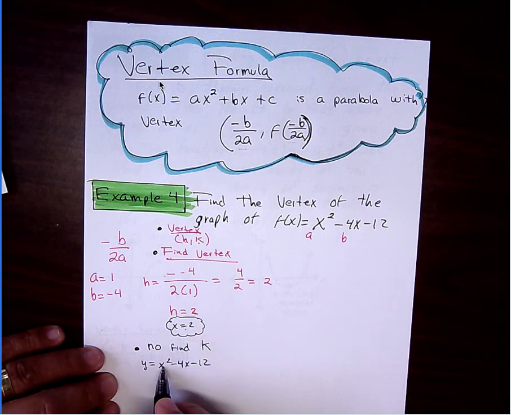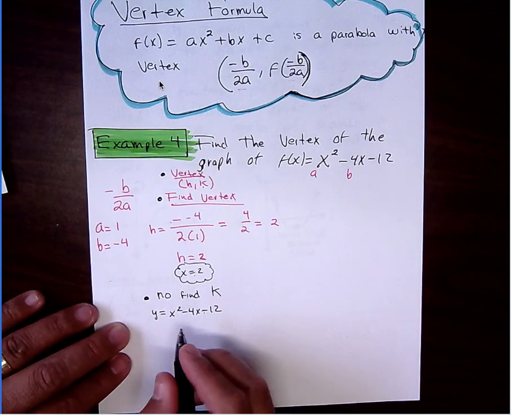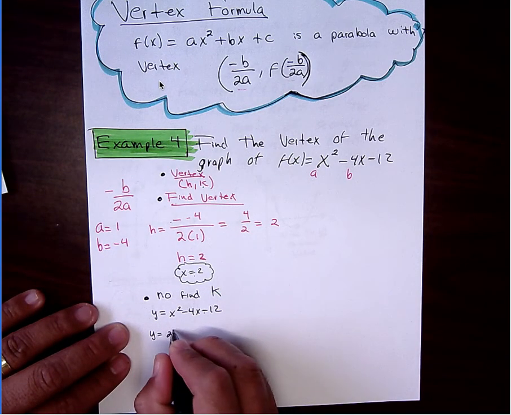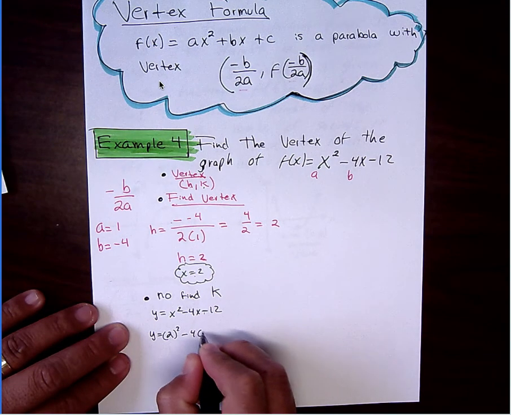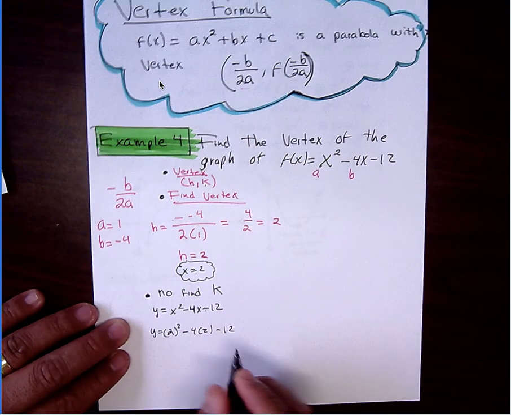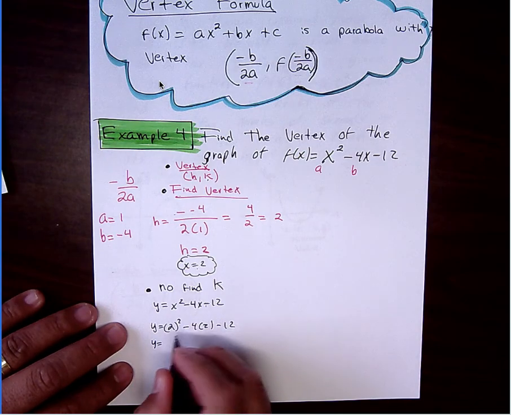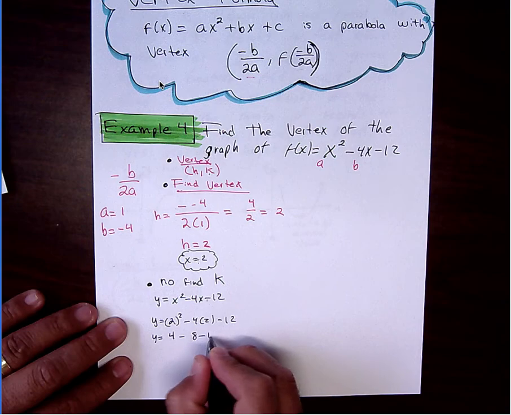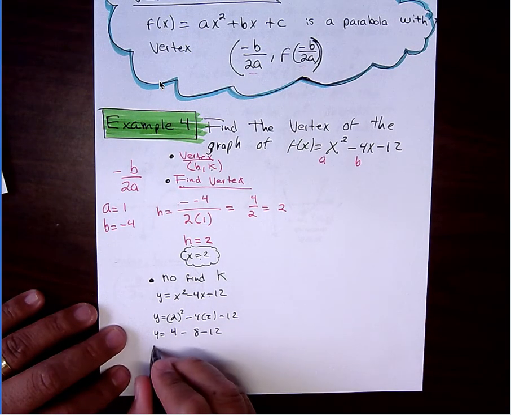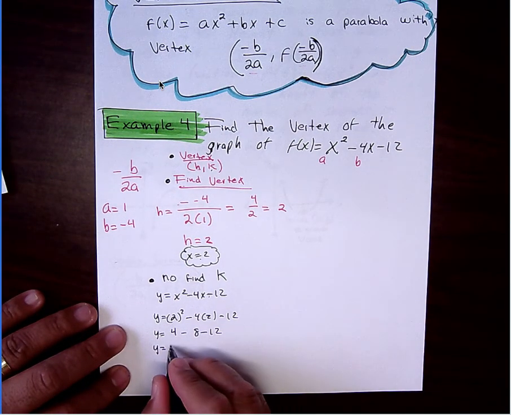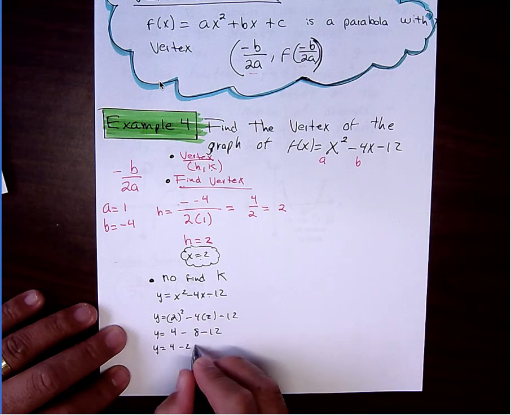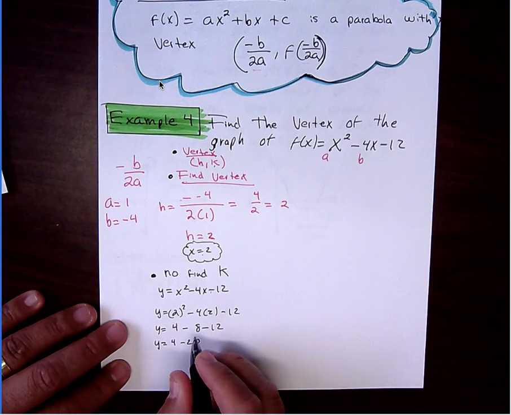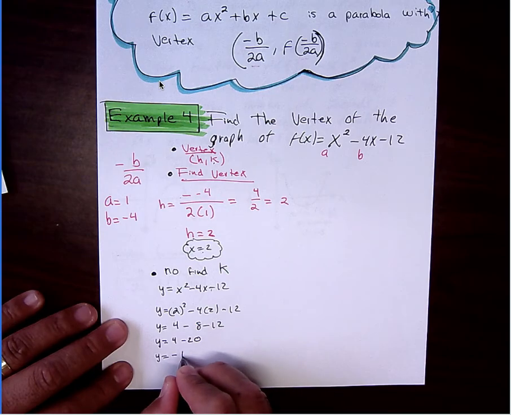So instead of x, I'm going to put a 2. 2 squared minus 4 times 2 minus 12. So 2 squared would be 4, minus 8, minus 12. So this is 4, this would be minus 20. So y is equal to -16.